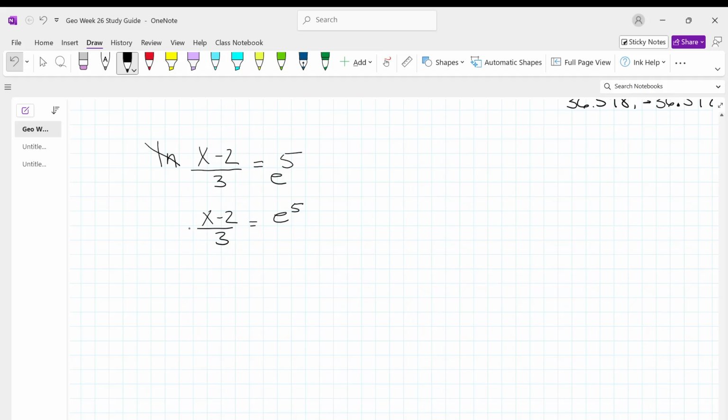So we're going to multiply each side by 3. On the left, these cancel. So x minus 2 is equal to 3e to the 5th. And then we're going to add 2 to each side.